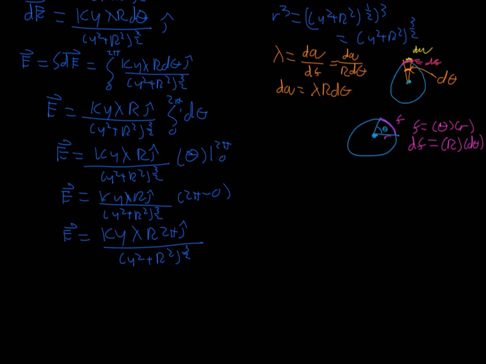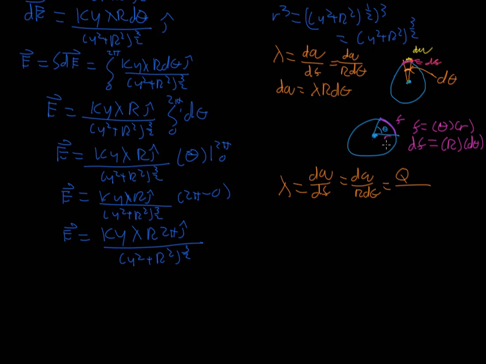But the problem told us that it was uniform charge density, so that also means that lambda, not only is it dq over ds, which equals dq over r d theta, but it's also equal to the total charge of the ring, q, over its entire circumference.